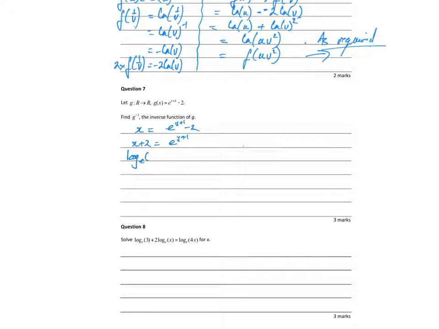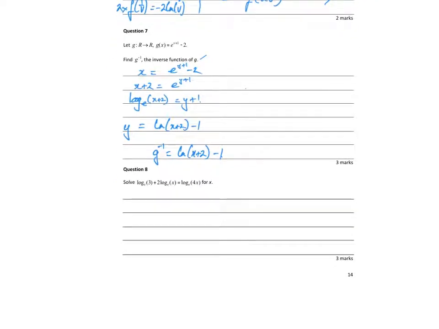Log base e of x plus 2 equals y plus 1. y equals the natural log of x plus 2 minus 1. So g inverse equals the natural log of x plus 2 minus 1. Check the question. Didn't have to find a domain or range or anything, so there's our answer.